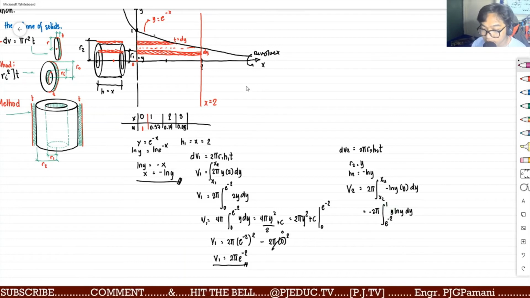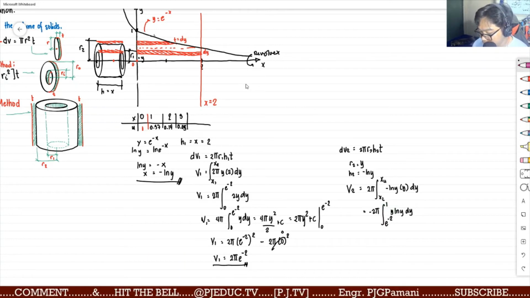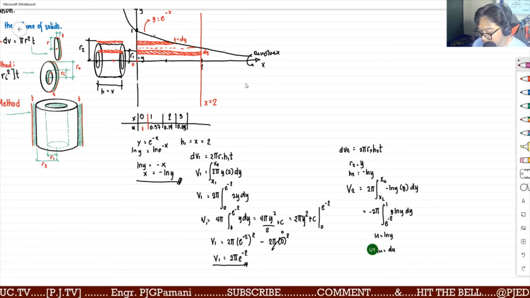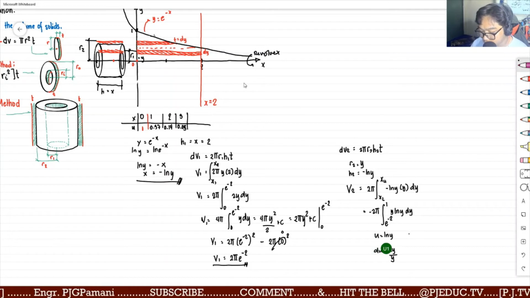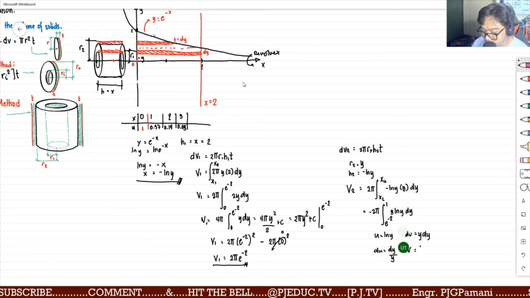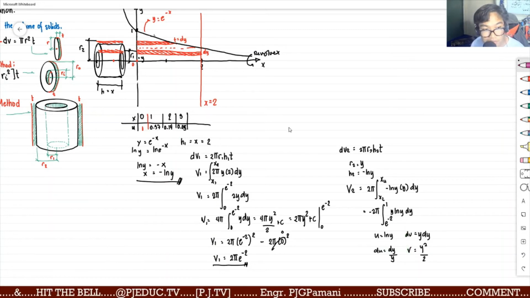So, by using integration by parts, u is equal to ln y, du is equal to dy over y, and dv is equal to y dy, and v is equal to y squared over 2. Let's simplify that.